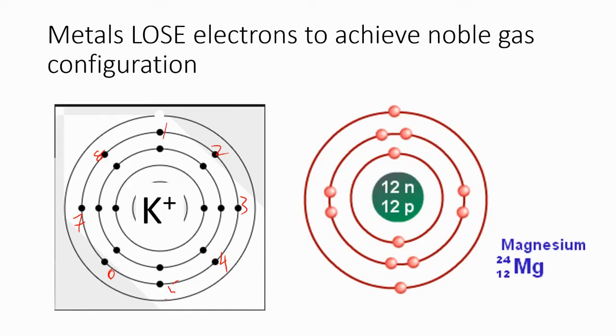Okay, magnesium, same situation. Magnesium has 2 electrons here in the outermost shell, right? It's got 1 up here and 1 down here. If it loses those, now it also thinks it's a Kardashian. 1, 2, 3, 4, 5, 6, 7, 8. It thinks it's neon Kardashian.